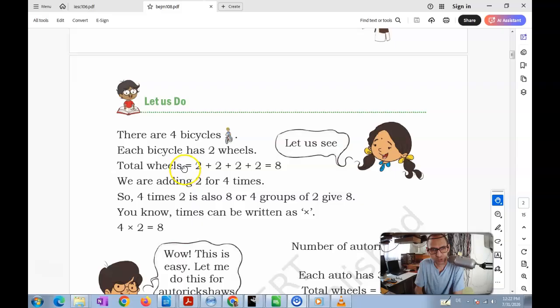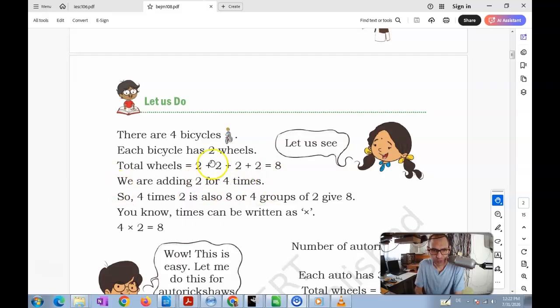So the total number of wheels would be 2 plus 2 plus 2 plus 2, 4 times, because there were 4 bicycles. Now if you do this calculation, you will come up with the number 8, meaning 2 plus 2 plus 2 plus 2. Now we are adding 2 for 4 times, right?